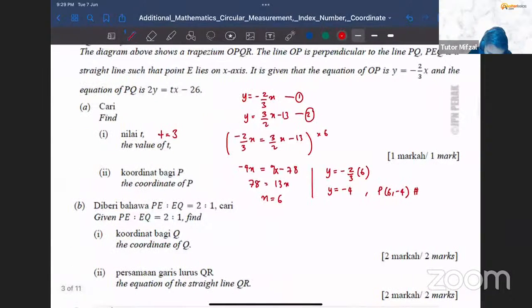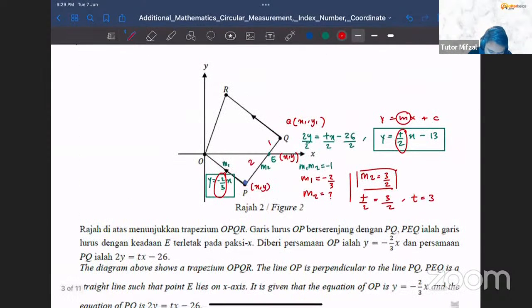Now, first, see, dia suruh you cari the coordinate of Q, then baru dia suruh you cari the equation of the straight line QR. Okay, dia suruh you cari equation of straight line QR kat sini. Okay, so sekarang ni, we need to find the coordinate of Q. So, to find coordinate of Q, kita kena guna wiper method.